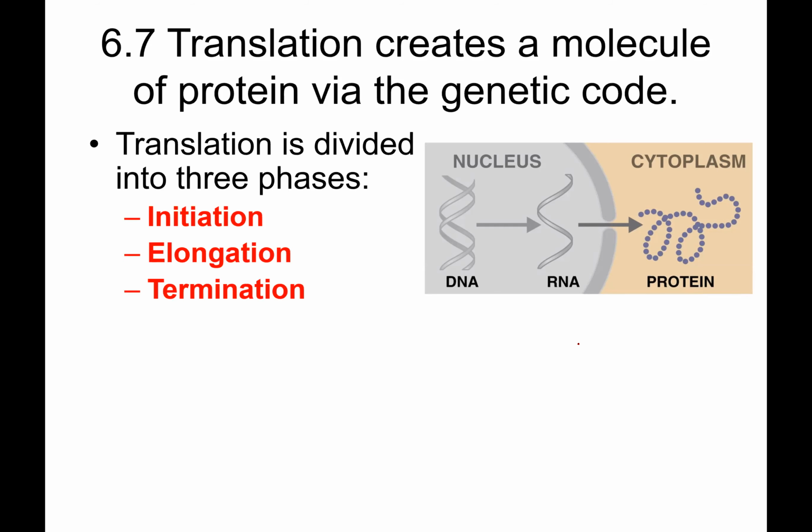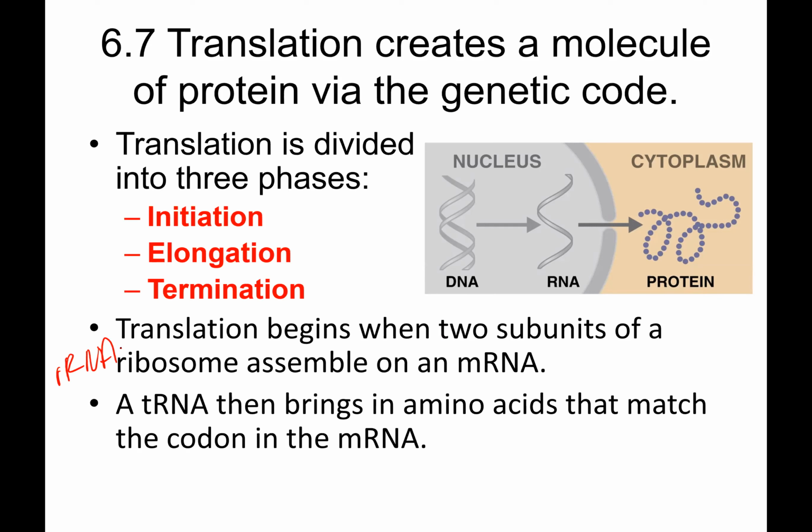After the mRNA is bound to the ribosome, tRNA molecules then bring in individual amino acids that match the codon on the mRNA. When the tRNA anticodon matches the codon on mRNA, then you have the transfer of an amino acid onto the growing protein chain.